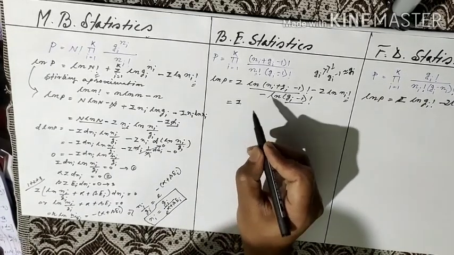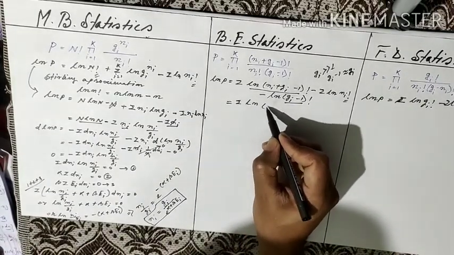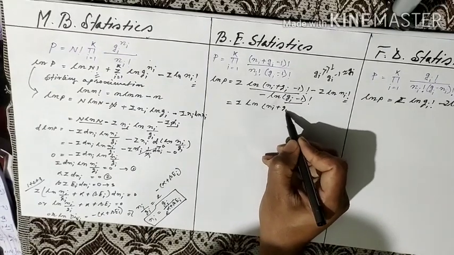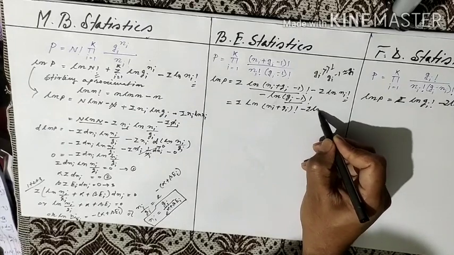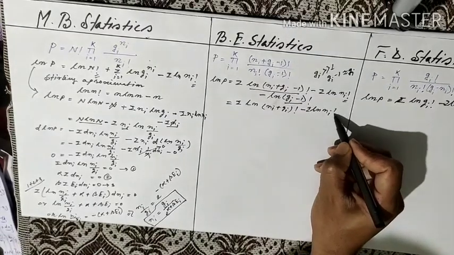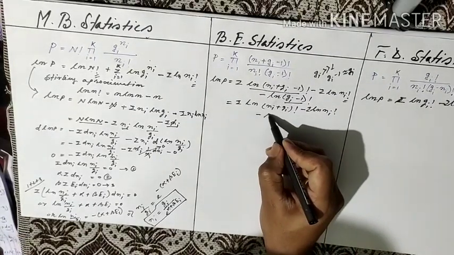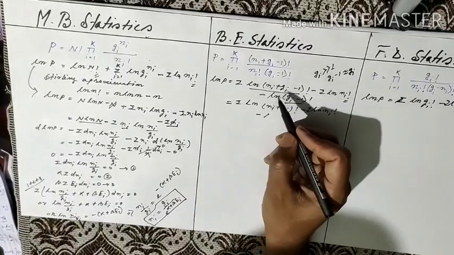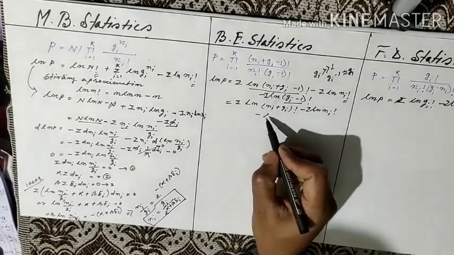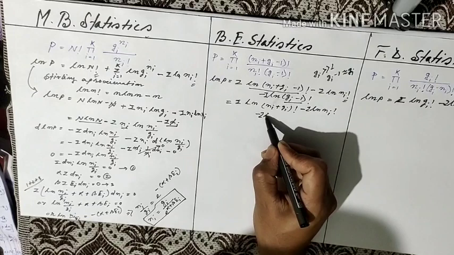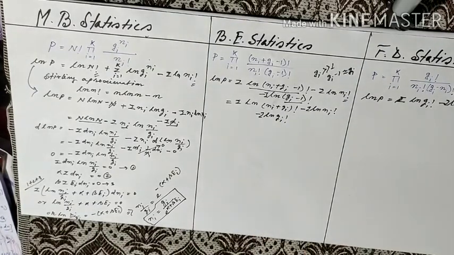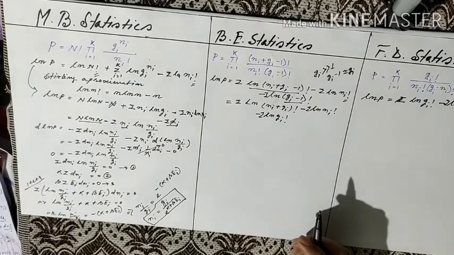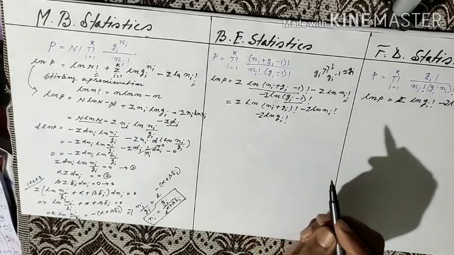Let us first write it: ln of ni plus gi factorial, minus summation of ln ni factorial, minus summation of ln gi factorial. Then we will use the Stirling approximation formula.